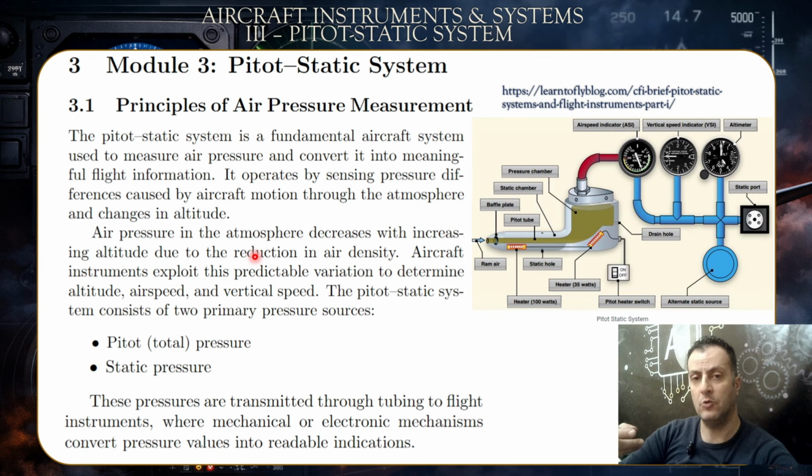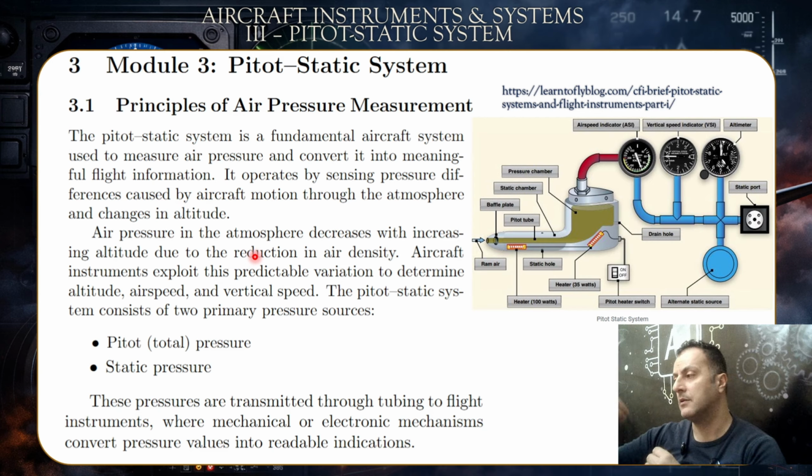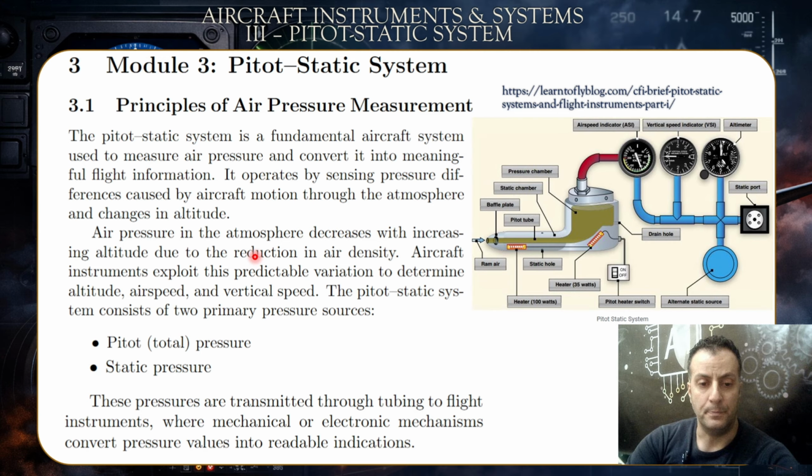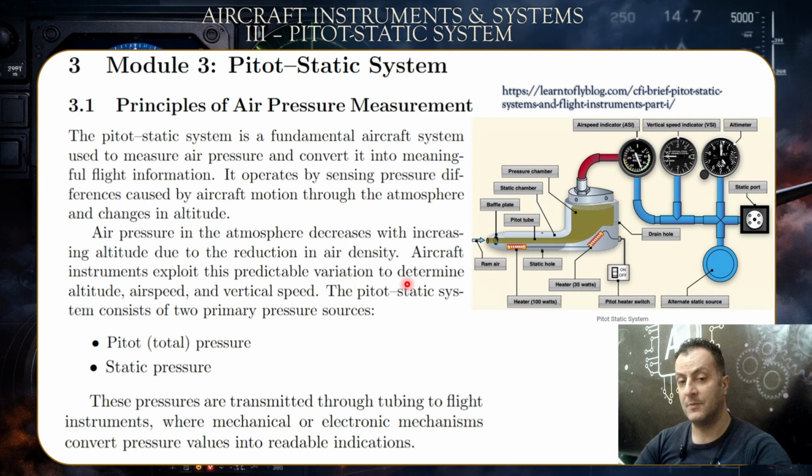So these two make the air molecules denser closer to the Earth's surface, and when you go outwardly, they start to scatter more and more. All right. So air pressure in the atmosphere decreases with increasing altitude due to reduction in air density. Aircraft instruments exploit this predictable variation to determine altitude, airspeed, and vertical speed.